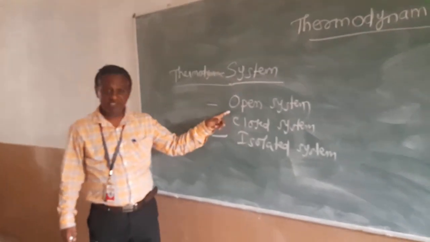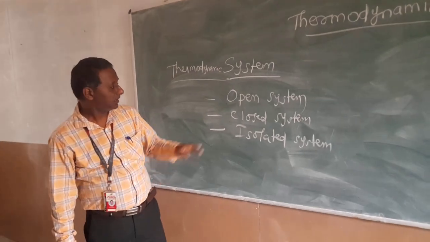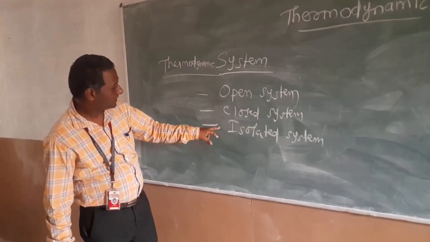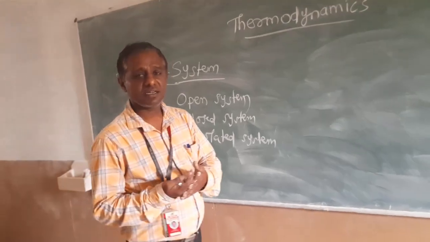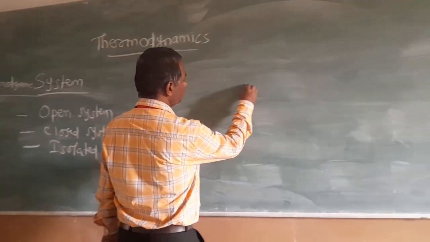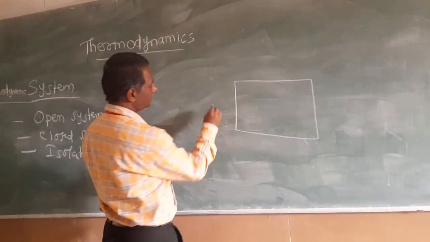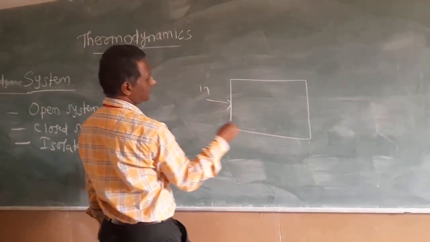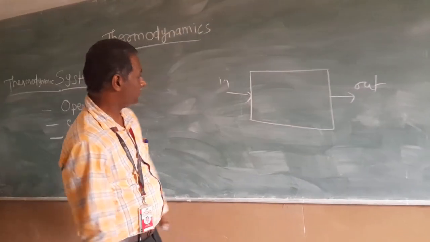So we have open system, closed system, and isolated system. How can they be classified, on what basis? The thing is the state of the system. Let's take this as in and this as out of the system.